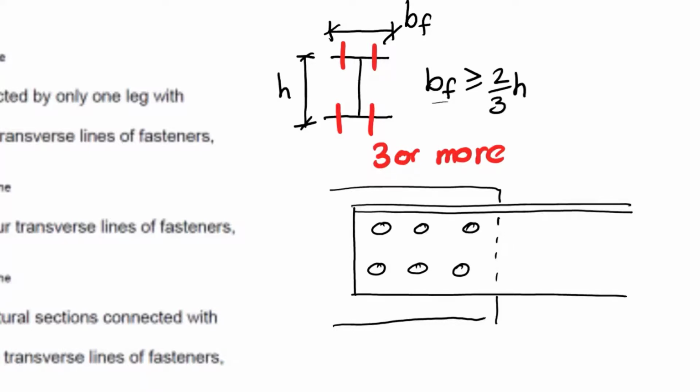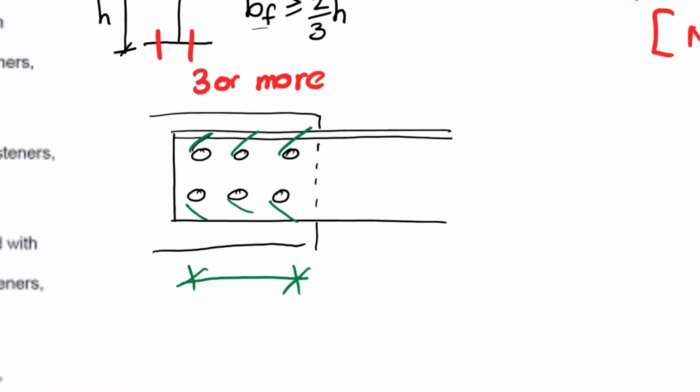Well, you want load to distribute out into the section, so you want more length. You want as much distance as possible for load to distribute out. So this is 3 transverse lines of fasteners.